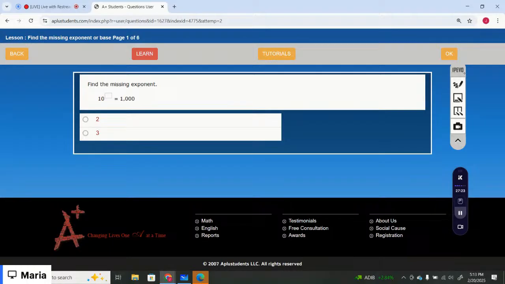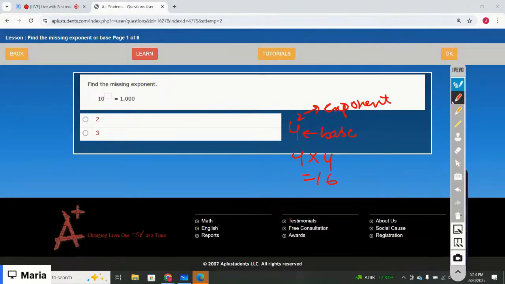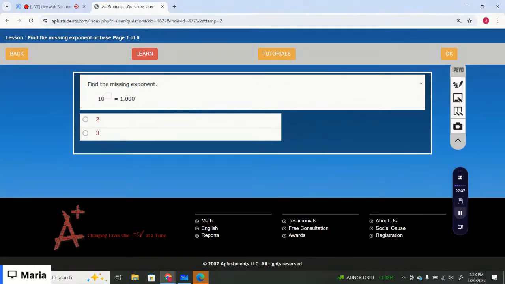So on the right hand side we have 3 zeros. So that means the exponent is 3. 10 exponent 3 equals 1000. So option number 2 is the correct option. That is 3.